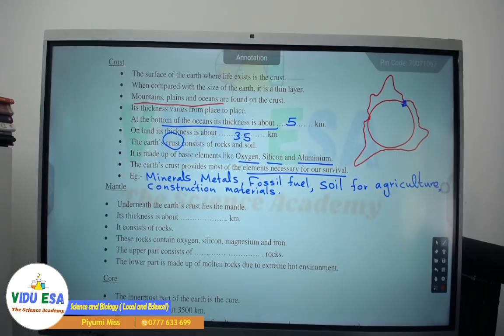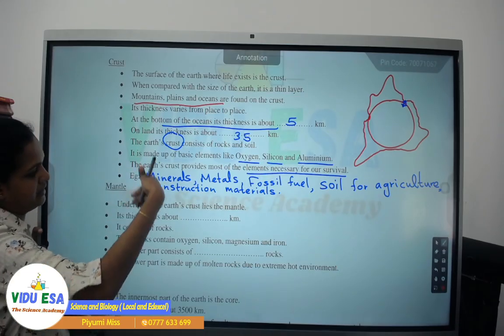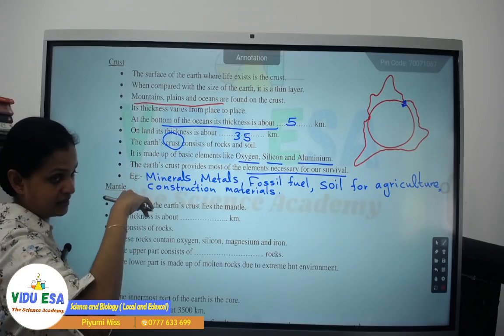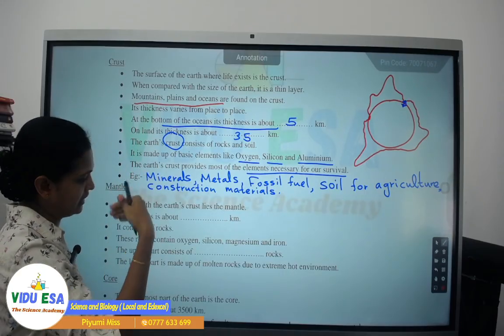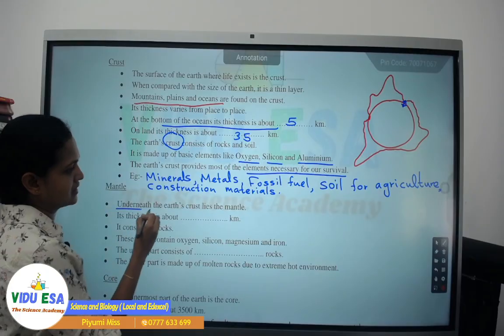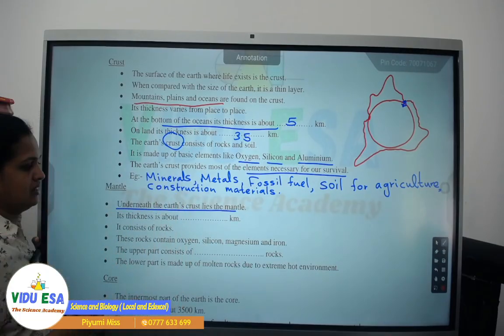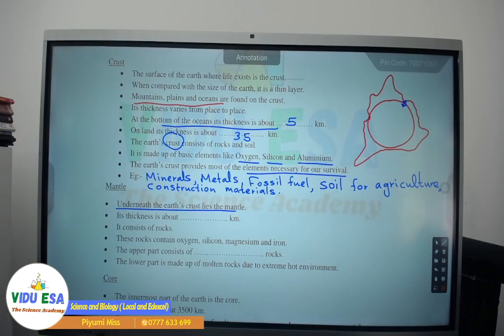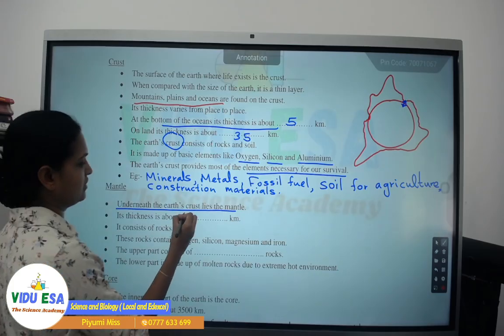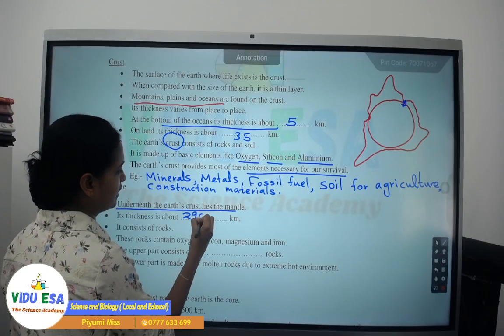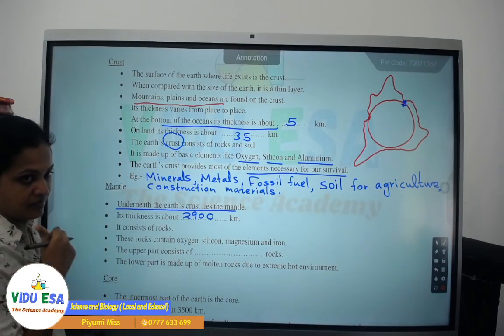When it comes to the mantle, the next inner layer underneath the earth's crust lies the mantle. So the thickness of the mantle is comparatively very high, right? It is about, can you imagine, 2,900 kilometers, right?